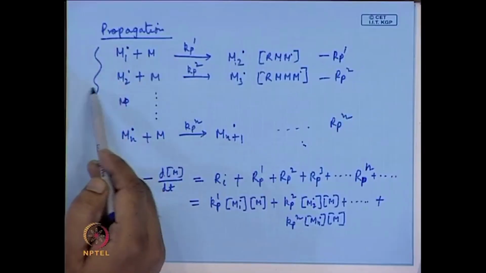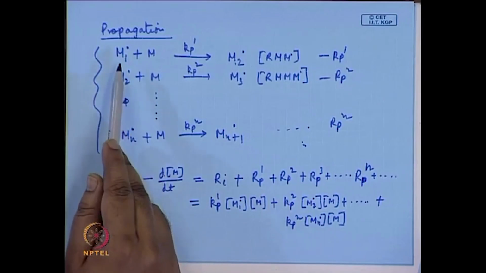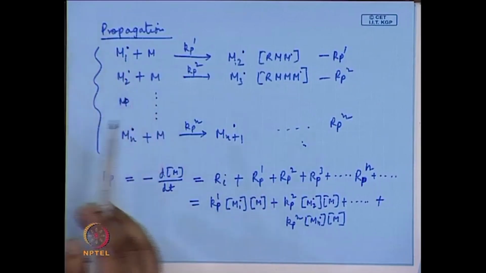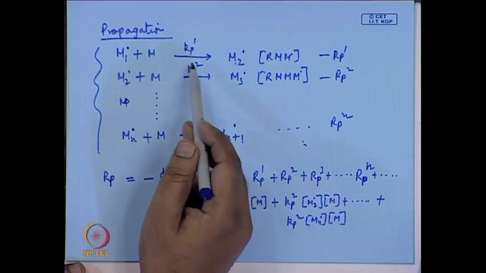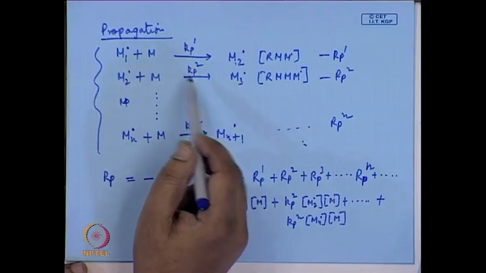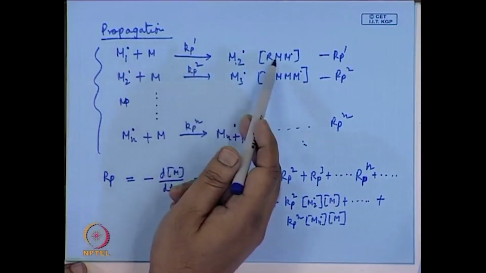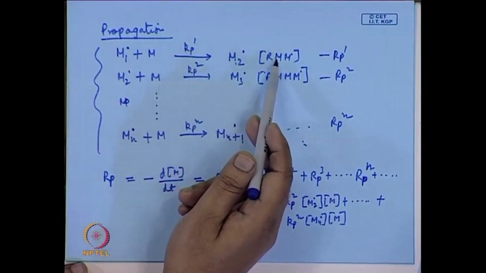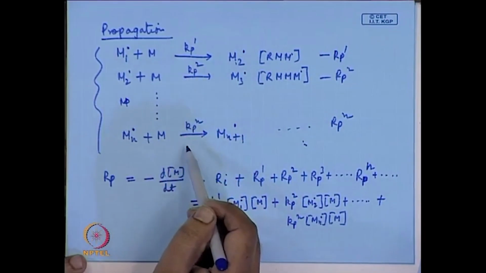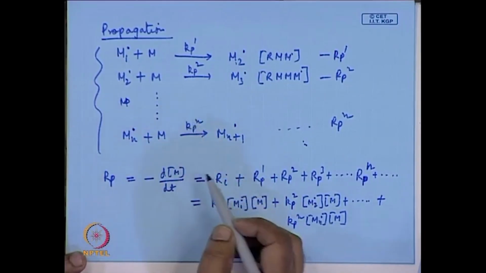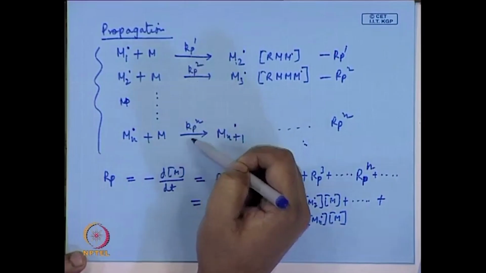Similarly, in this case we are assuming that the reactivity of this radical does not depend on the size of the molecule, whether it is M1, M2 or so on. It has been experimentally proved that the rate constants all become the same as soon as the chain contains 2 to 3 monomers.